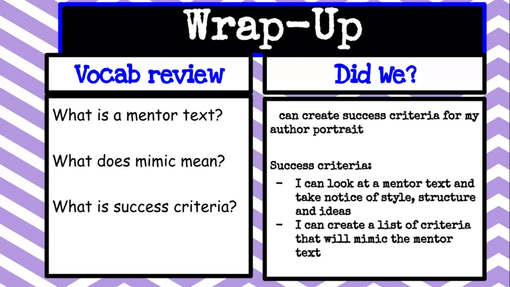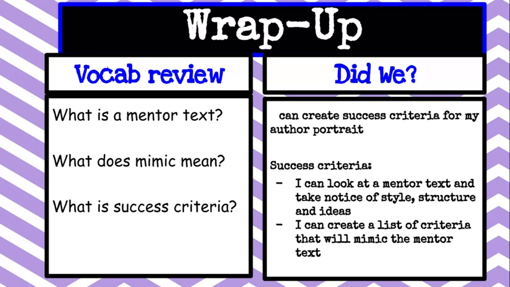What does mimic mean? Mimic means to copy or use, okay? Not copy exactly, but to look at as your guide. And then what is success criteria? Success criteria is that list of things that we need to do in order to be successful at our task. All right? That's success criteria.